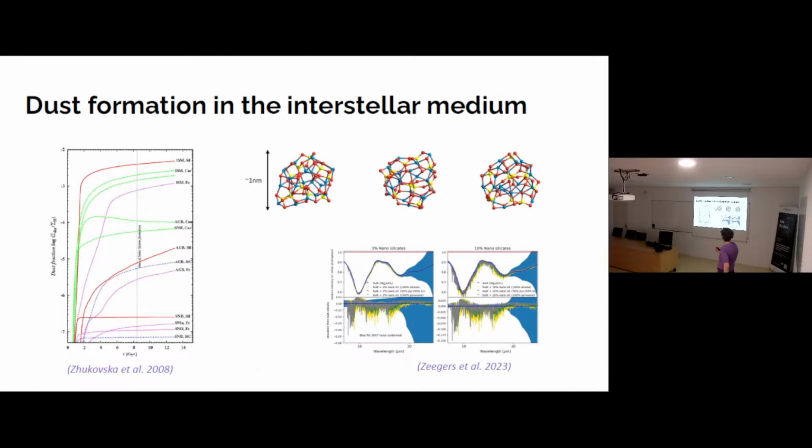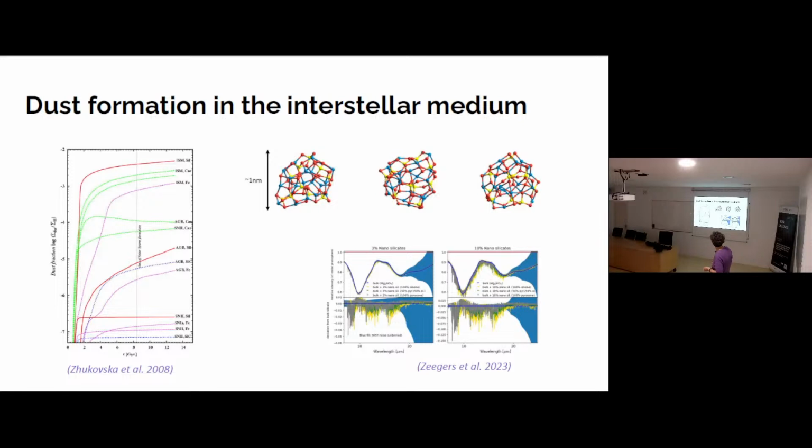So dust formation in the interstellar medium was then invoked as a way to overcome this. People have done experiments in the lab, and some modeling. For instance, this paper by Tsukowska et al. made a simulation assuming grain growth processes, grain shattering processes, and various processes that affect the interstellar dust reservoir, and they have different populations of dust here in the solar neighborhood.